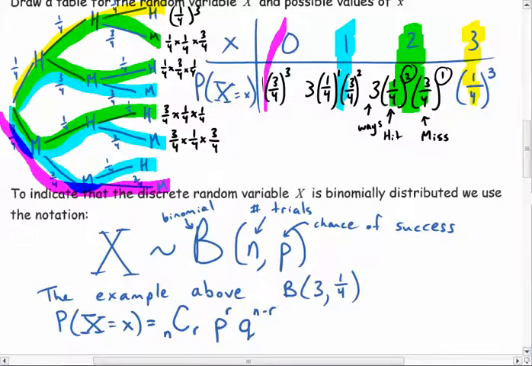So cool. This is exactly the binomial theorem. I can write it again. The q is just the chance of losing, the chance of missing. So this is exactly how you'll see it on your formula sheet.